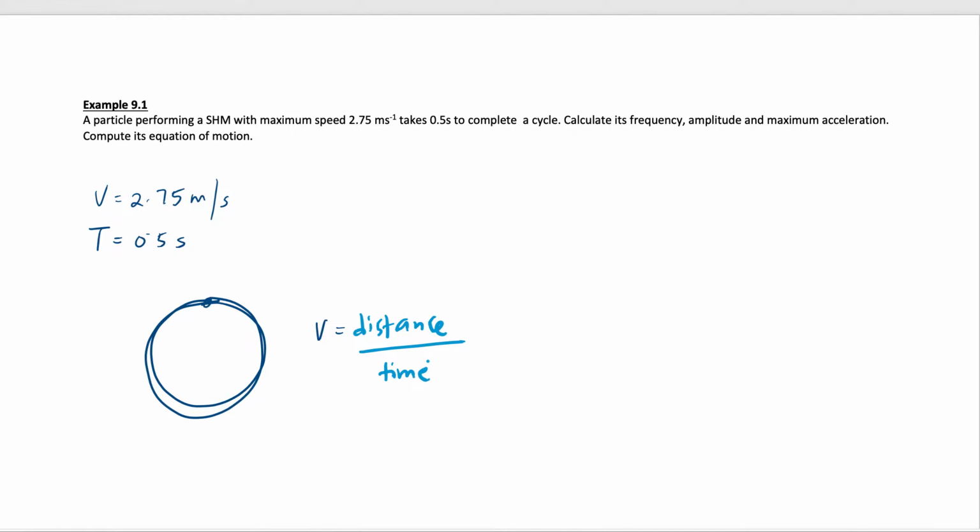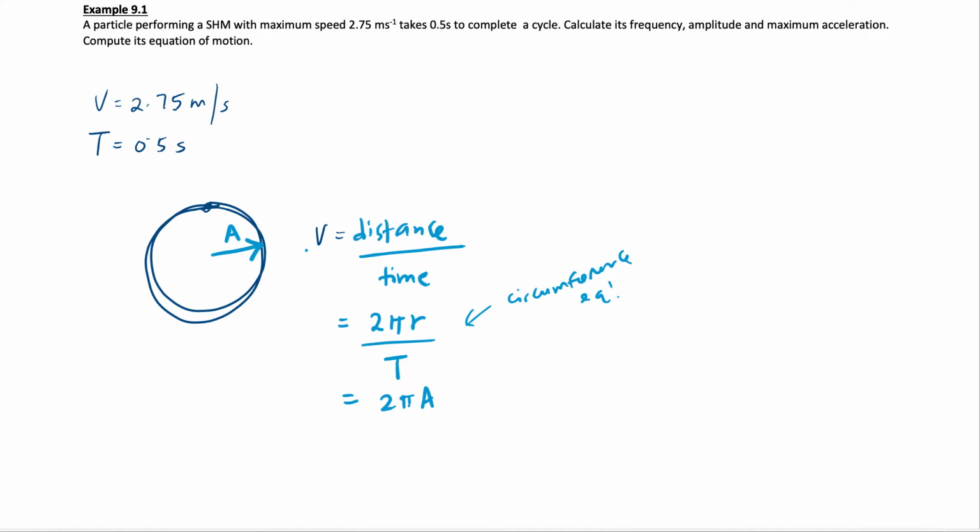The distance to complete one cycle is 2 pi r, because that's your circumference equation. And time is just the time taken to complete one cycle, which is your T. For a uniform circular motion, your radius becomes your A, so it's 2 pi A over period, which gives you v.